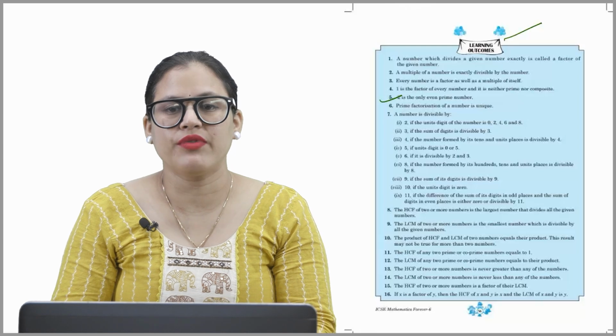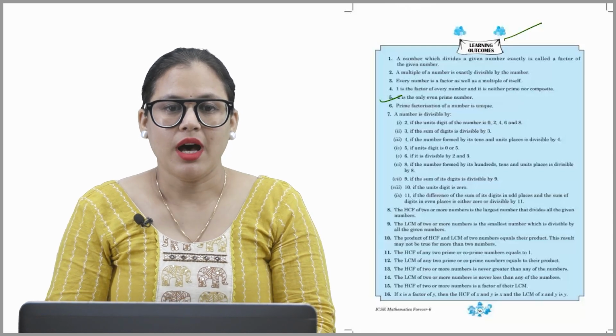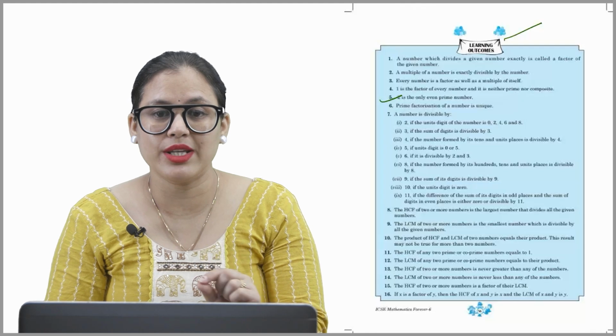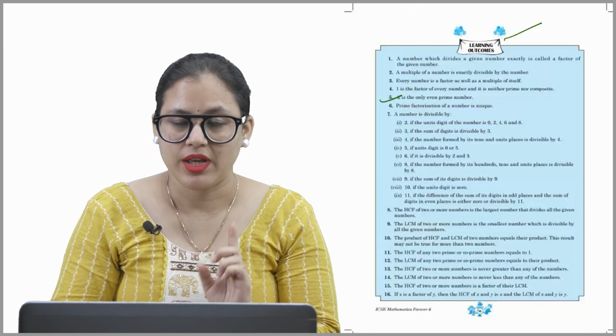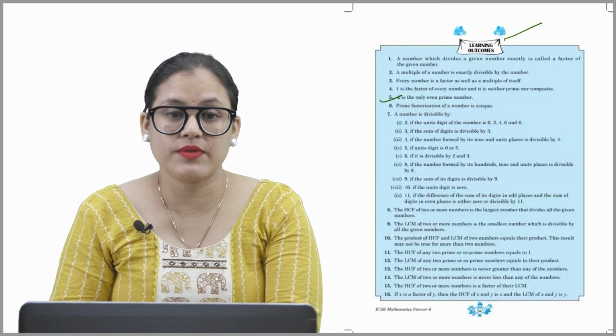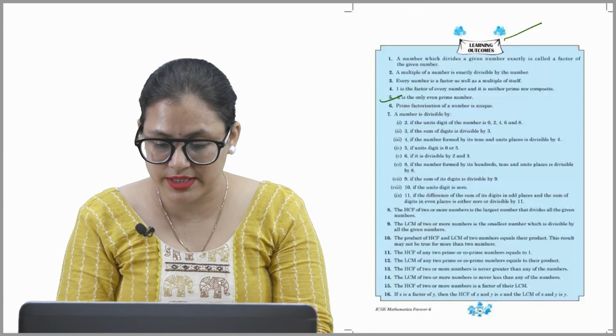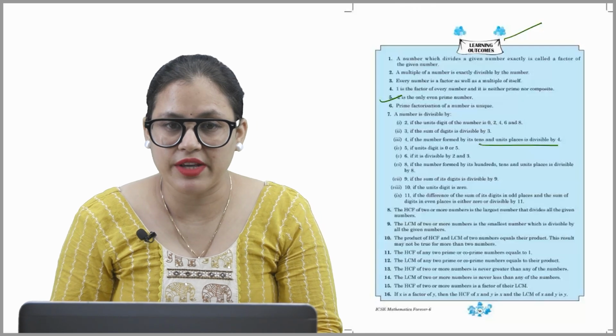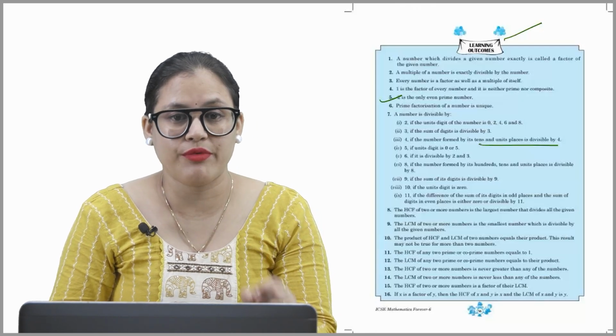Prime factorization of a number is unique. 7. A number is divisible by 2 if the unit digit of the number is 0, 2, 4, 6 and 8. By 3 if the sum of the digits is divisible by 3. By 4 if the number formed by its tens and units place is divisible by 4. By 5 if its units digit is 0 or 5.